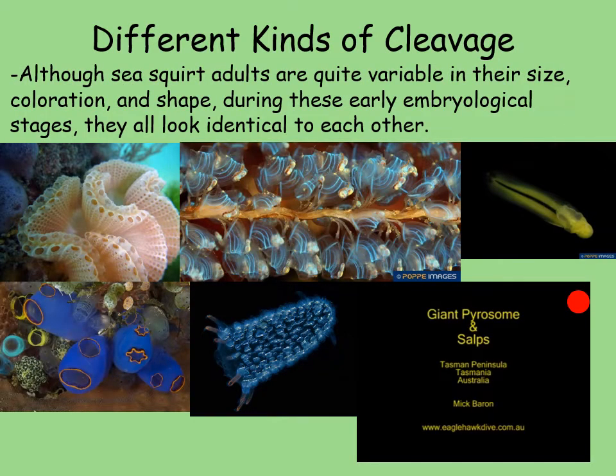Sea squirt adults are quite variable in size, coloration, and shape, but during these early embryological stages, they will all look basically identical to each other. This is a common theme throughout this lecture: you have these animal groups that look very different as adults, but when you rewind time and look at their early embryos, they look virtually indistinguishable at that point. So here are, again, some nice examples of sea squirts, tunicates, showing you how different the adults can look.